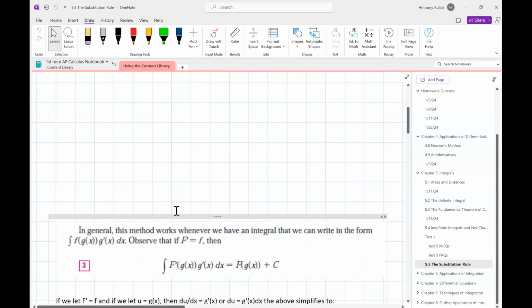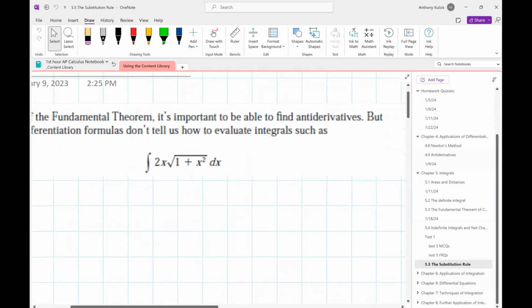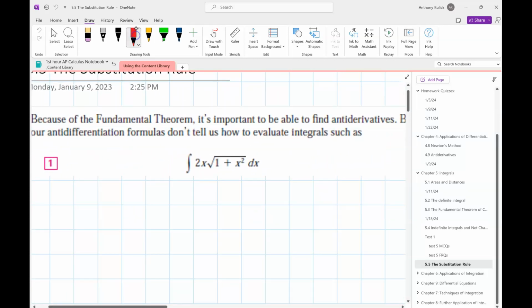So we had the integral of 2x times the square root of 1 plus x squared dx. The first thing I want to do is identify what I want my u to be. What should u be?